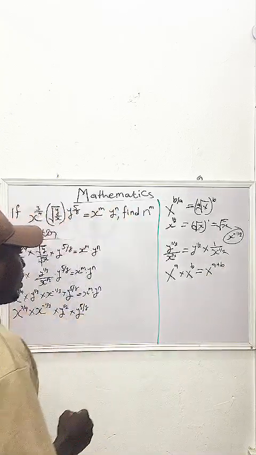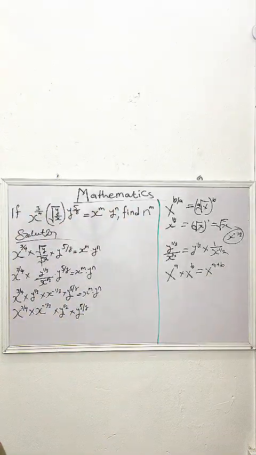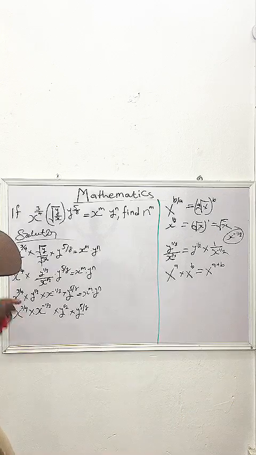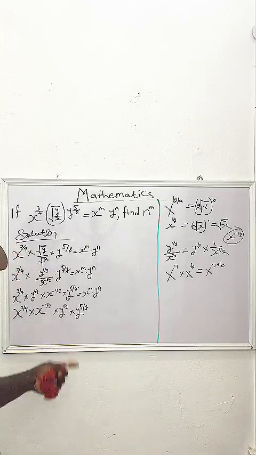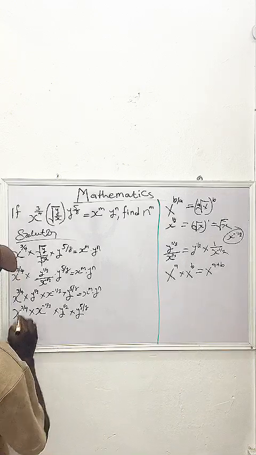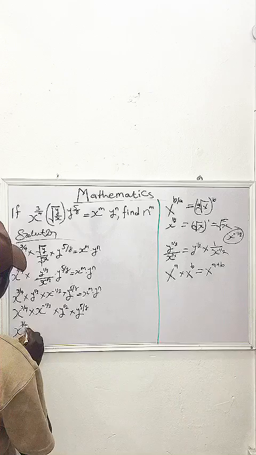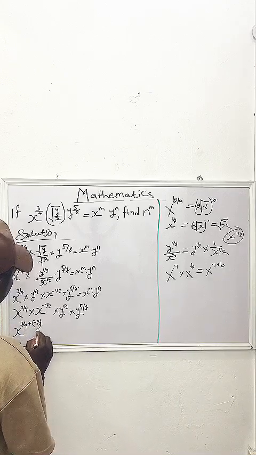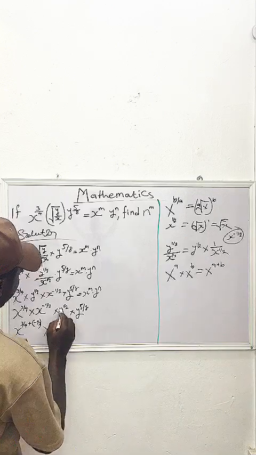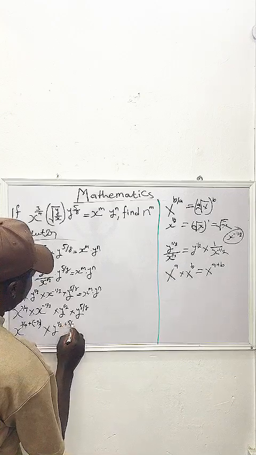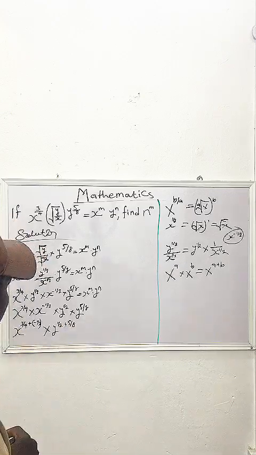Since these two terms have a common base, we pick one of the bases and add up their powers. Same thing will happen here. So we have x raised to the power 3 over 4 plus minus half, multiplied by y raised to the power 1 over 2 plus 5 over 8.